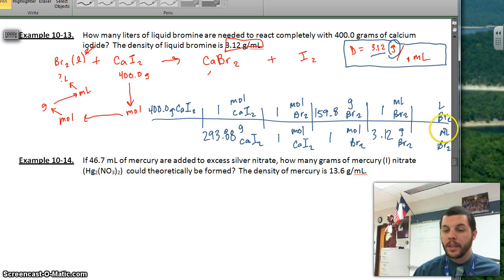Now I can go from milliliters to liters, going way back to unit 2, putting a 1 in front of the prefix and the scientific notation for milli, which is 1 times 10 to the negative 3, in front of liters.